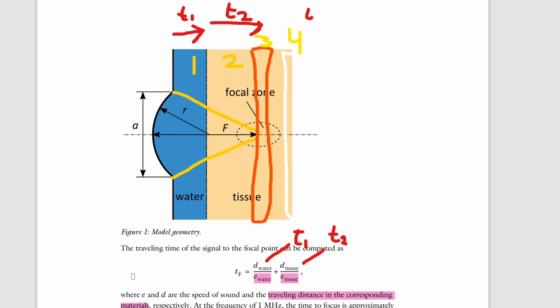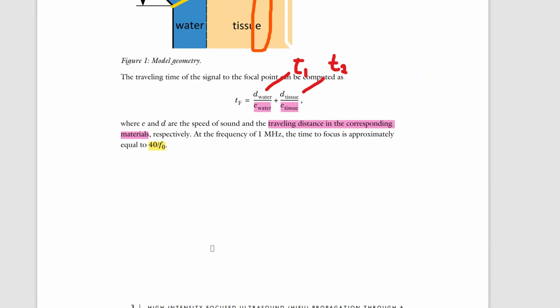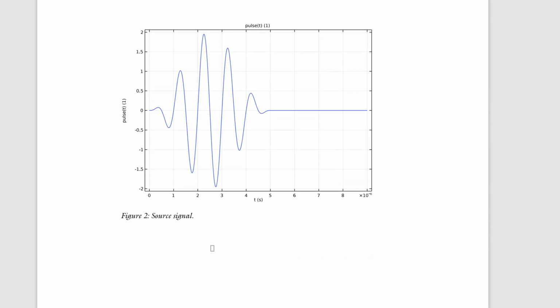40, no, I thought that was the units. It's 40 divided by the frequency? Here's our pulses. Here's our time. Okay. Well, let's just look at the time.